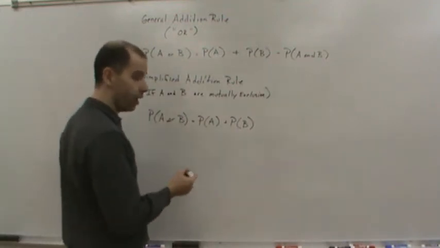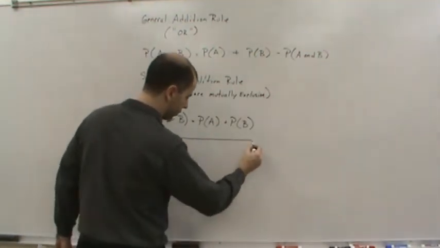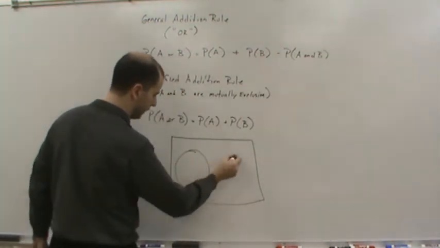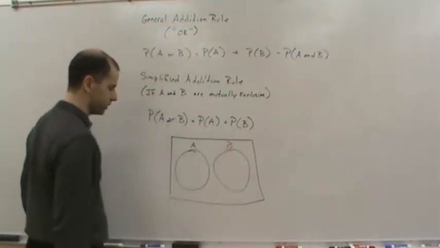And so again, if I draw a Venn diagram, I can use the fact that we can draw mutually exclusive events, right? So if I take my A and B, and let's say there's no overlap, so these are mutually exclusive events.